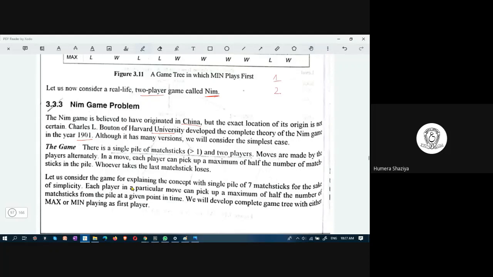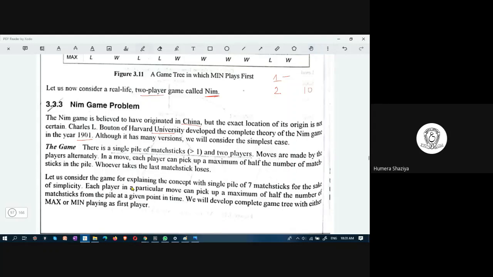When player 1 makes a move, player 2 waits. This process continues: player 2 makes a move, player 1 waits. In a move, each player can pick up a maximum of half the number of matchsticks in the pile. Whoever takes the last matchstick loses.